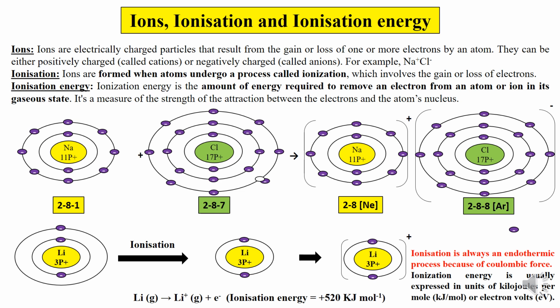So remember, ionization is always an endothermic process because of the electrostatic force of attraction between the nuclear protons and the valence electrons. And ionization energy is usually expressed in units of kilojoules per mole or electron volts.